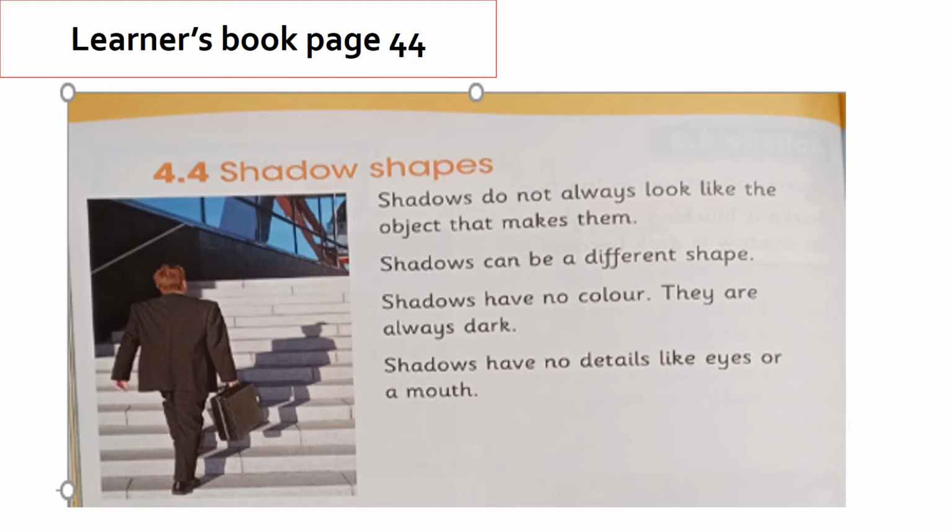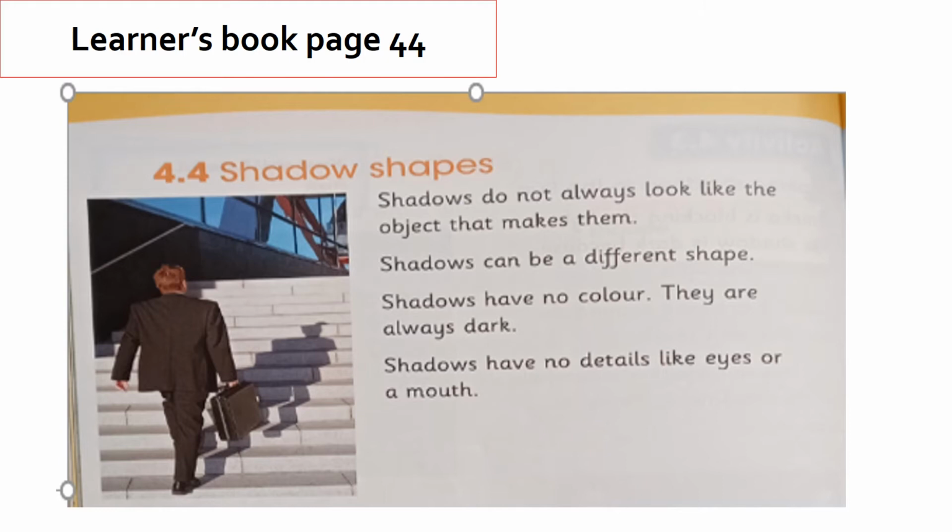Also, shadows have no color. They are always dark. Shadows have no details like eyes or ears. Can you notice the shadow in the picture? Can you see any eyes or ears on the shadow?